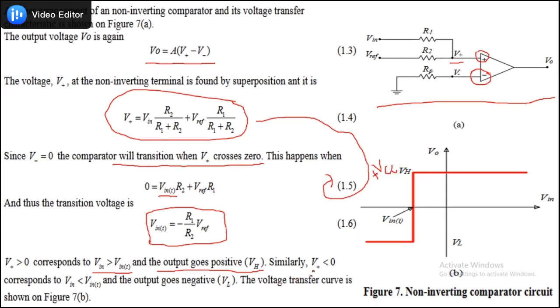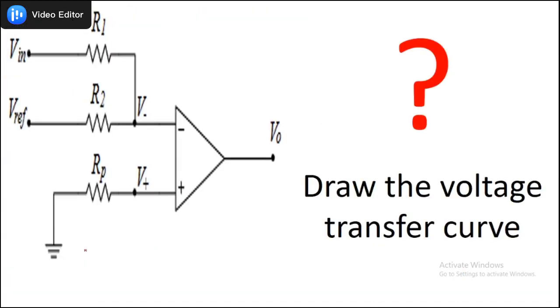Similarly, when V plus is less than 0, it corresponds to Vin less than VinT, and the output will get into the negative direction VL. VL is nothing but your minus VCC. So the transfer curve will look like this.